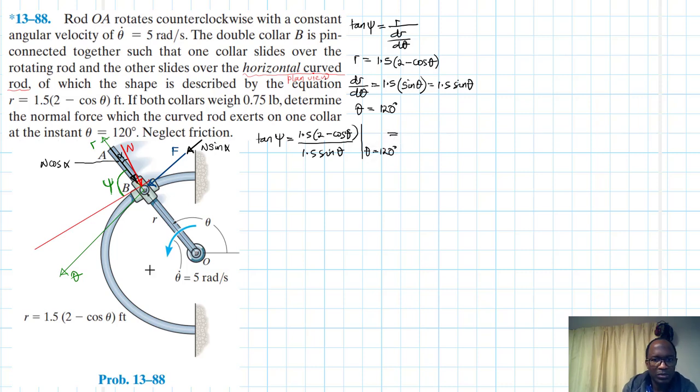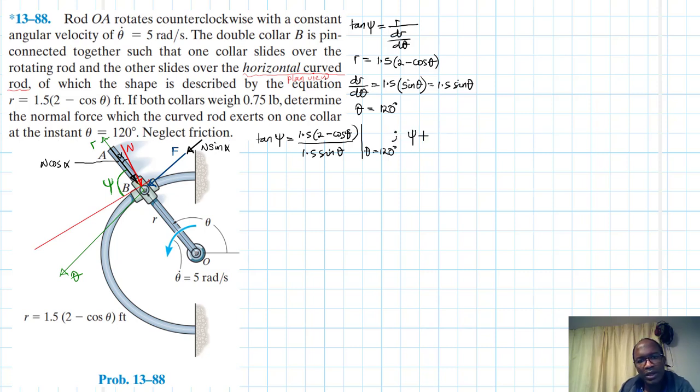So this becomes 1.5(2 - cos 120), which gives us 3.75, divided by 1.5 sine 120. We can divide all this together.